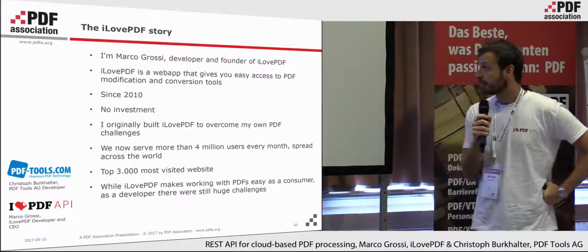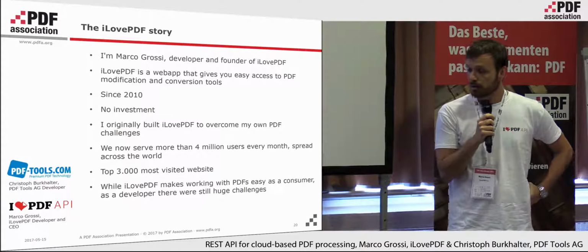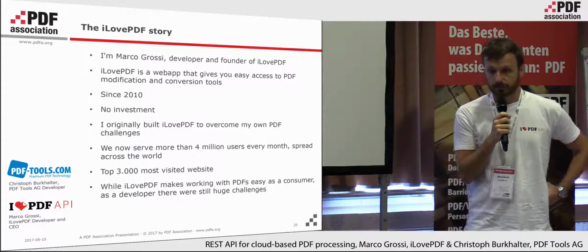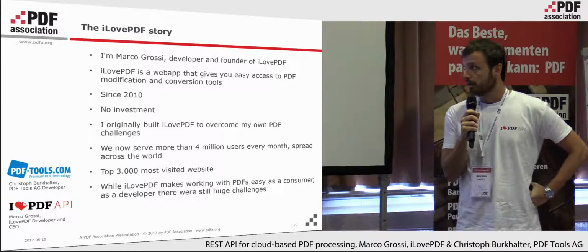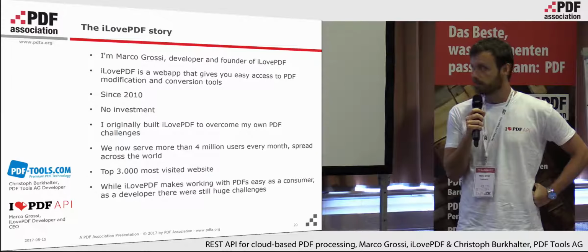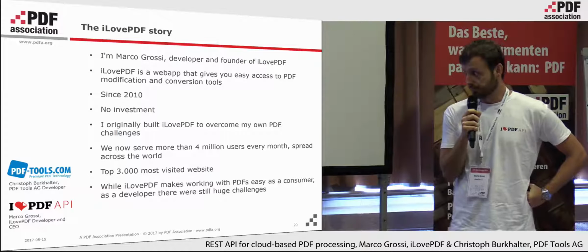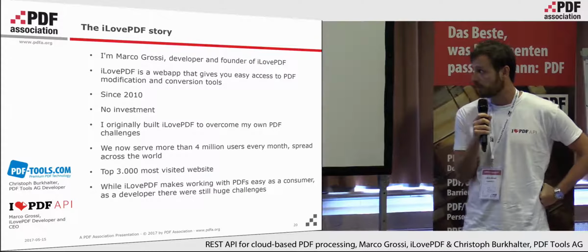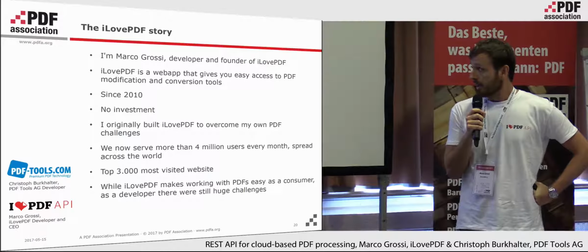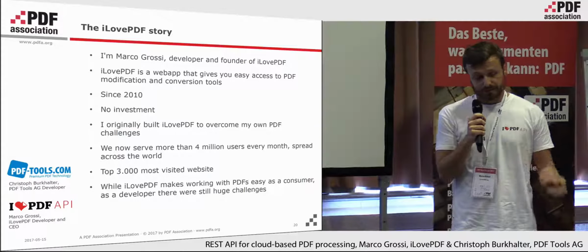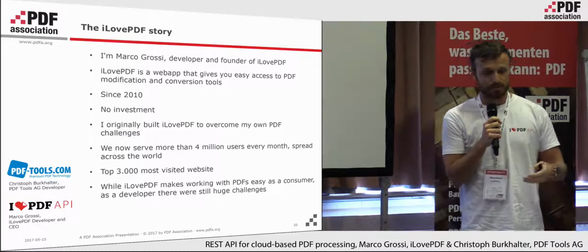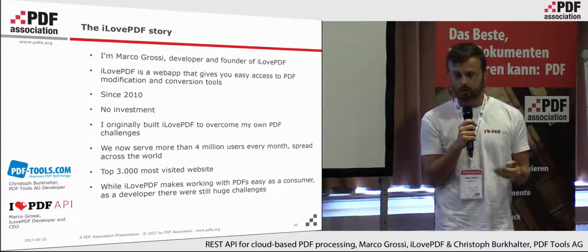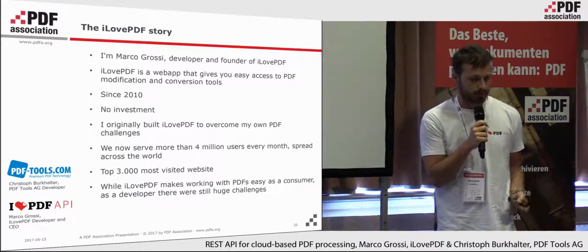Since 2010, iLovePDF has been growing, reaching more than 4 million unique users monthly, more than 8 million visits per month, and being one of the top 3,000 most visited websites. And if iLovePDF.com is doing fine, why did we decide to start a REST API to offer to developers?